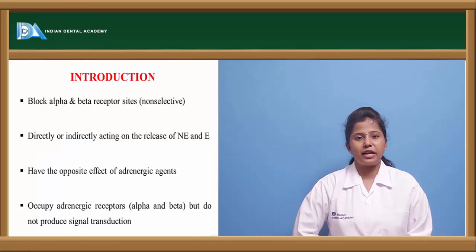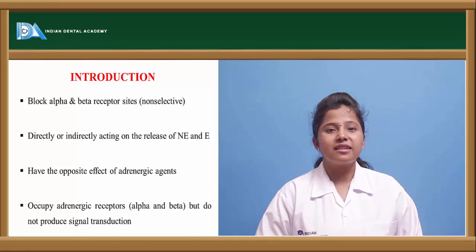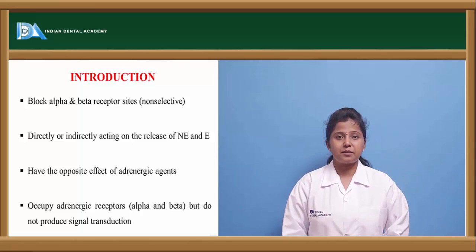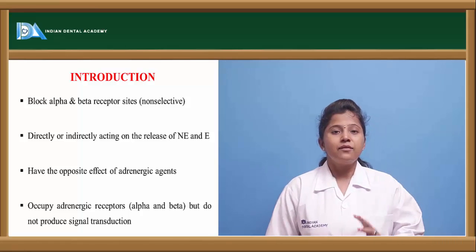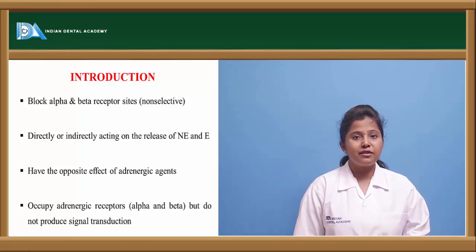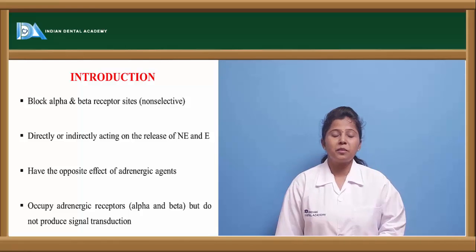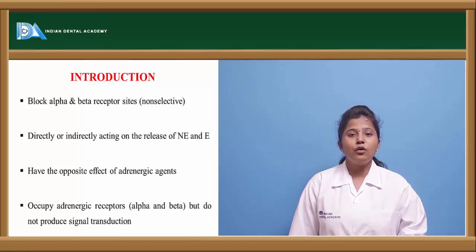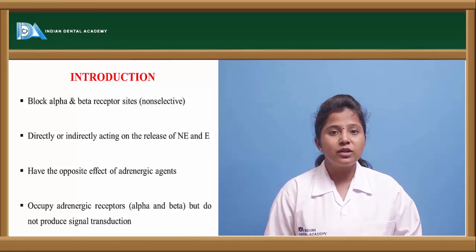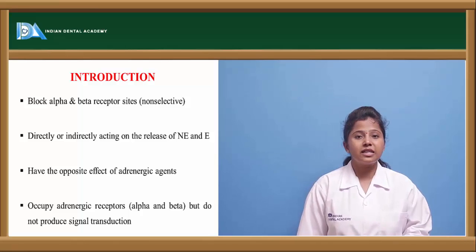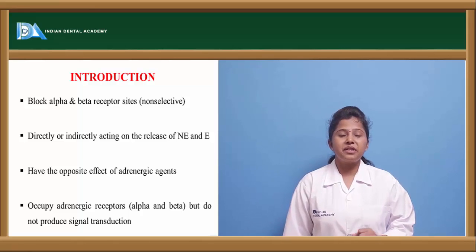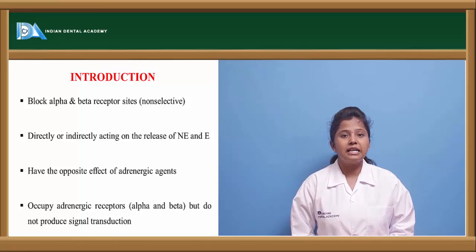What are the sympatholytics? The sympatholytics are the drugs which block the action of both alpha as well as beta receptors. In the adrenergic system, we saw three types of receptors: alpha adrenergic, beta adrenergic as well as dopaminergic receptors. But when coming to sympatholytics, only alpha and beta antagonists are clinically used rather than dopamine receptor antagonists, because dopaminergic blockade in the peripheral nervous system is not that clinically important.